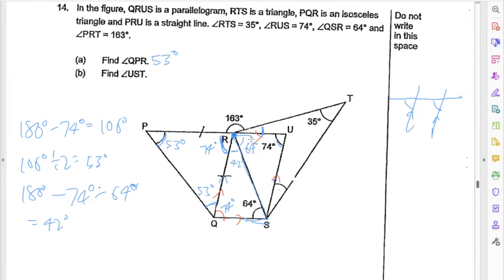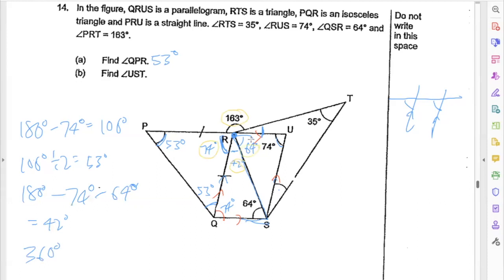So angles at a point add up to 360. I minus away these angles: 163, 74, 42, and 64.